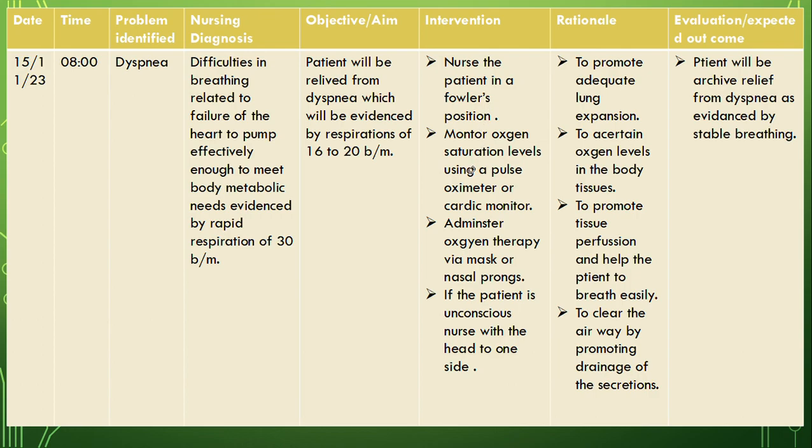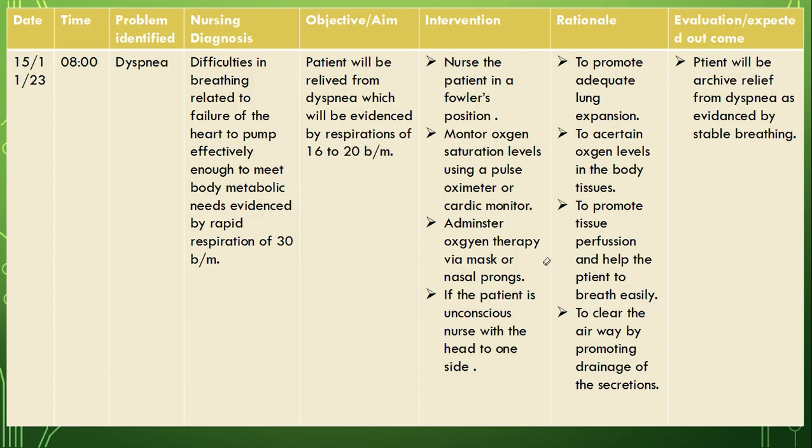So the next intervention is that we are going to monitor oxygen saturation levels using a pulse oximeter or a cardiac monitor. So we are going to nurse this patient on a cardiac monitor. In a situation where there are no cardiac monitors, we can simply use a pulse oximeter to monitor the oxygen levels. So the rationale is that we want to ascertain the level of oxygen in the body tissues.